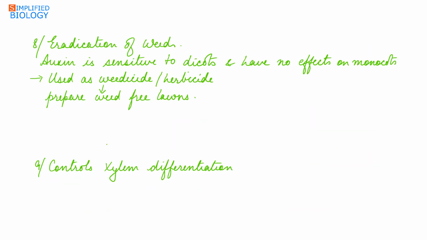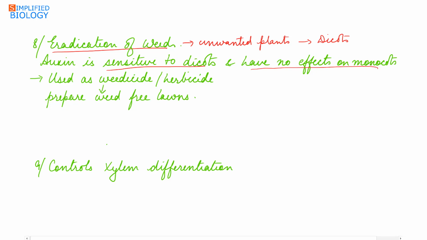Next, eradication of weeds. Weeds are unwanted plants, and they are usually the dicots or the broadleaf plants. Auxin is sensitive to dicots but has no effect on monocots.